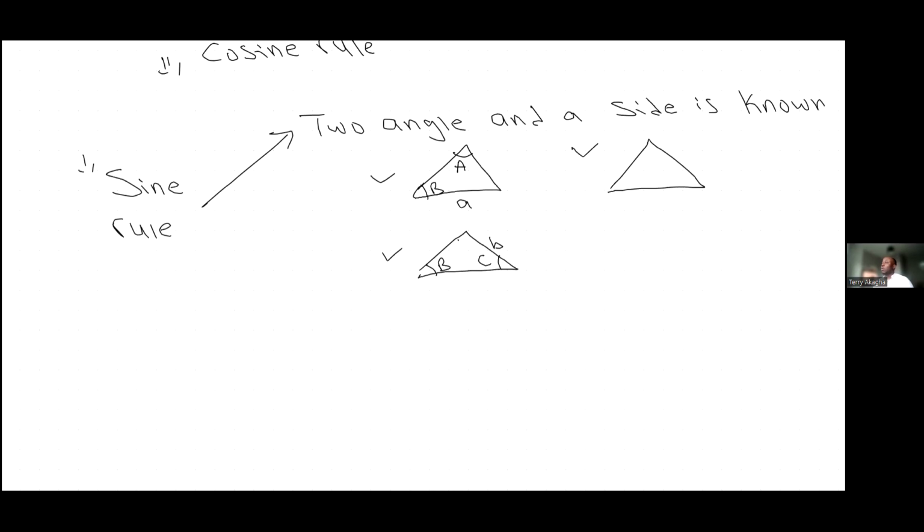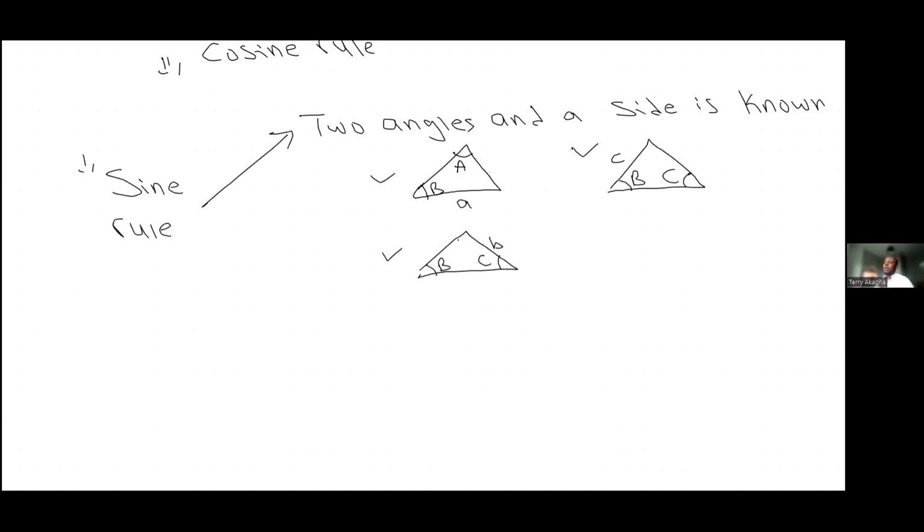So you have two angles. Let's say you have angle C and side C, and maybe angle B, okay? Something like this, you can also use the sine rule. So you have two angles and one side, okay? Usually the side is the side that is directly opposite to a known angle.